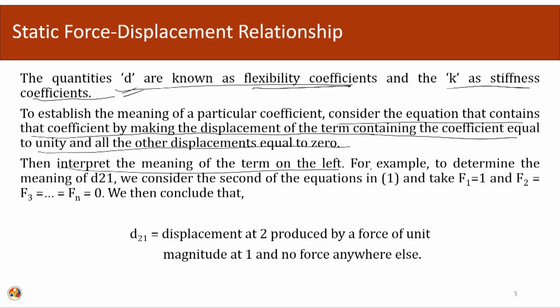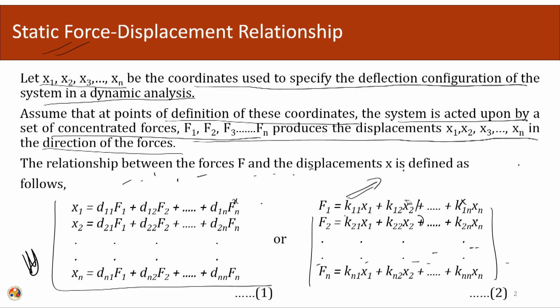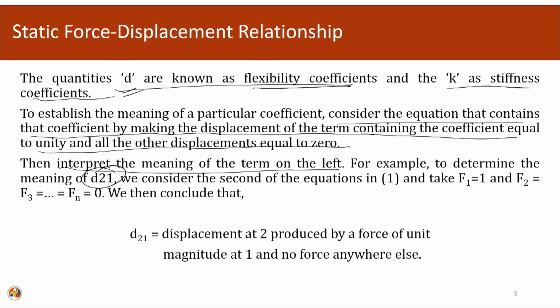For example, to determine the meaning of D21, let us say we are trying to see what is D21. So, we will do one by one. We consider the second equation in 1 and take F1 as 1, and all other F's are 0.